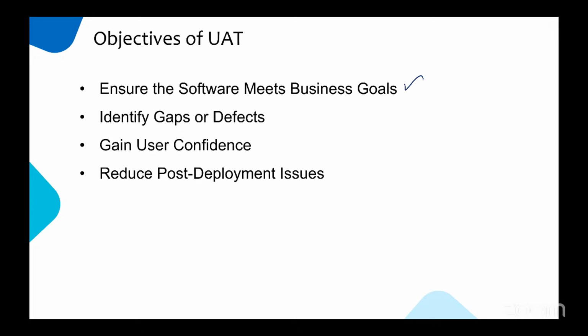So in UAT, they have to make sure from the customer's point of view that everything works according to the requirements they expected. It identifies communication gaps, requirement gaps, and defects. This gives more confidence to the user and reduces post-deployment issues.